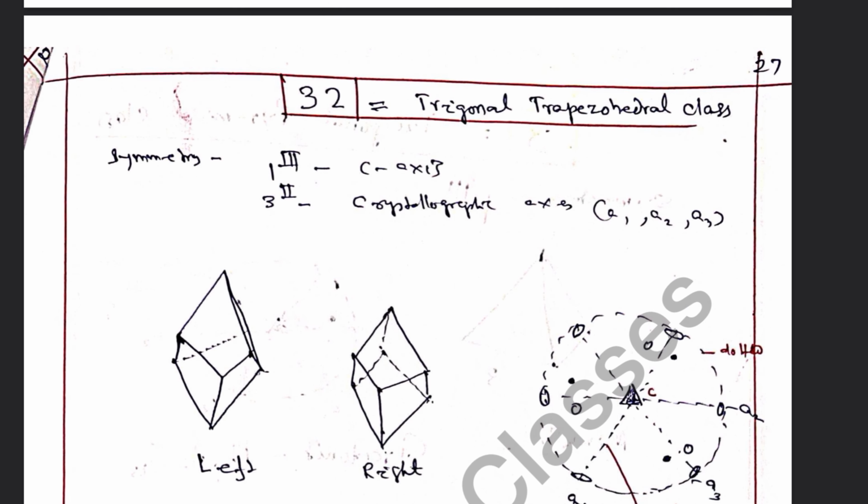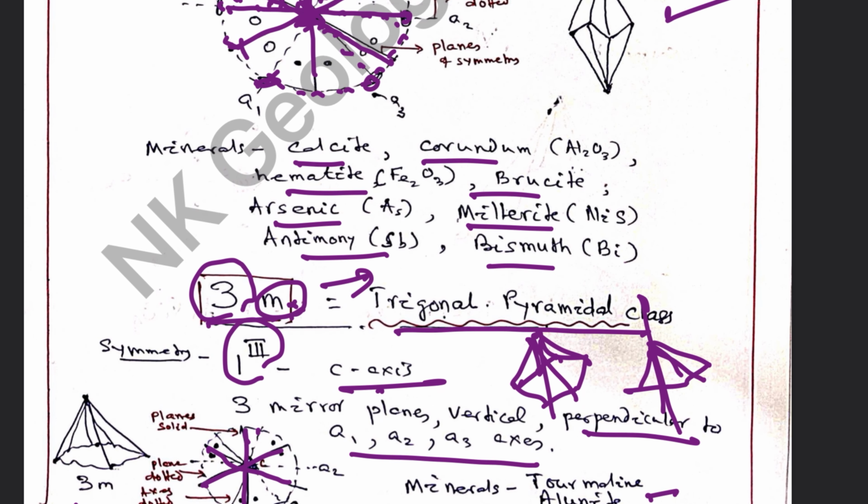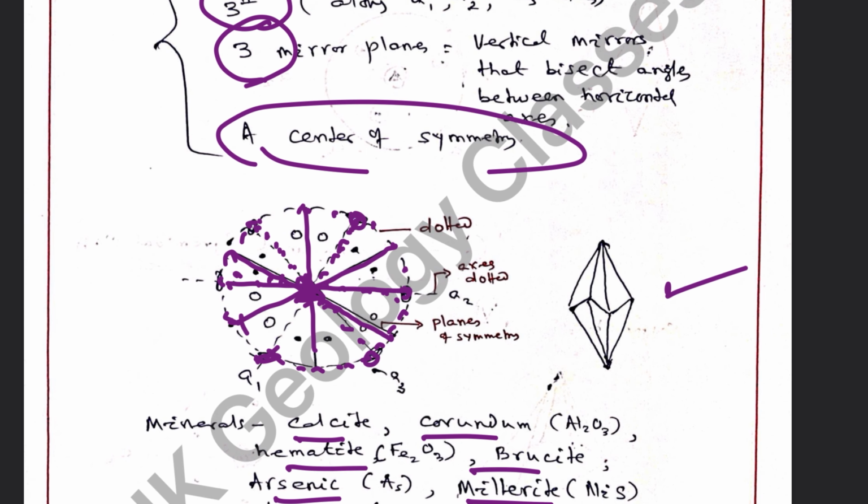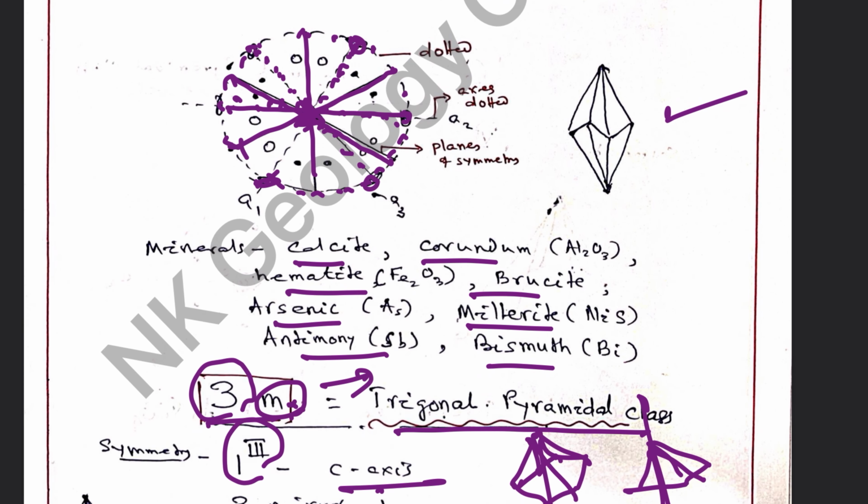So here in 3M there are 6 faces. So we can say it is ditrigonal pyramidal class. If it would have been 3 faces, then simply trigonal pyramidal class. As 3M, if it is 3, it is trigonal pyramidal class. If it is 3M, it is ditrigonal pyramidal class.